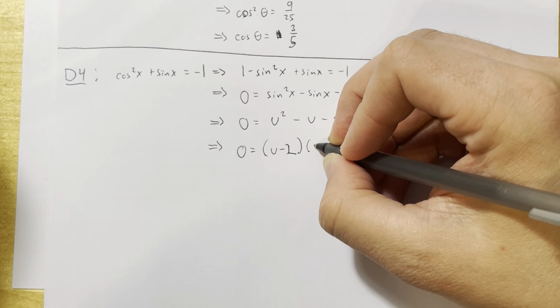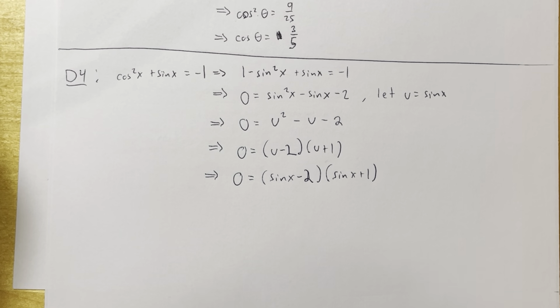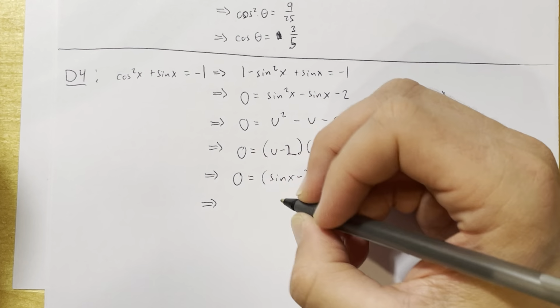Now let's substitute that sine of x back in there. 0 is equal to sine of x minus 2 times sine of x plus 1. From our zero product property, we know that this implies that sine of x minus 2 equals 0, but that's the same thing as this. Sine of x equals 2, or sine of x equals -1.